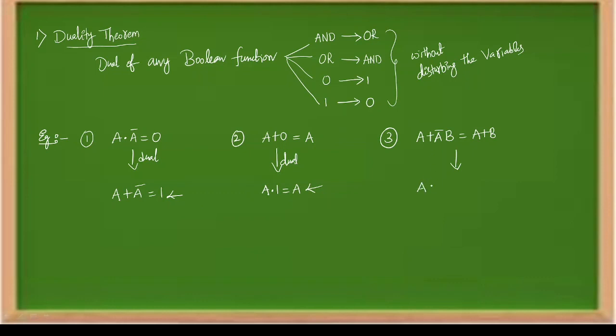I should not disturb the variables, but I need to change OR with AND and AND with OR. In between these two, you have AND, that's why you have OR in between these two. So I need to replace that with OR.